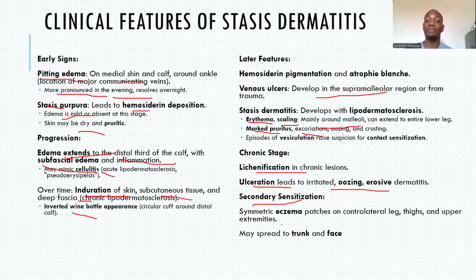Then you can get symmetrical eczema patches on the contralateral legs, either thighs or even the upper extremities. So you can also get an id reaction that can spread to involve the trunk and the face and the rest of the body. And you see, stasis dermatitis is one of those eczemas that can actually cause autosensitization, or what we call the id reaction, or what we call the generalized eczema.